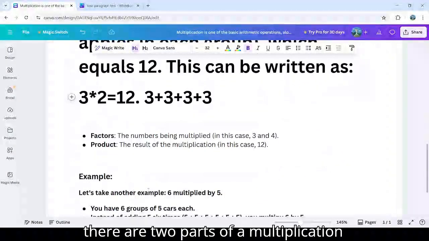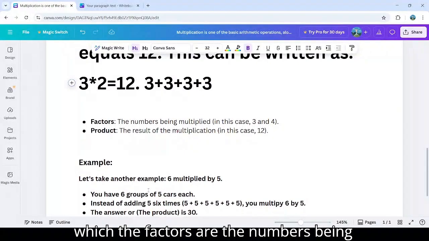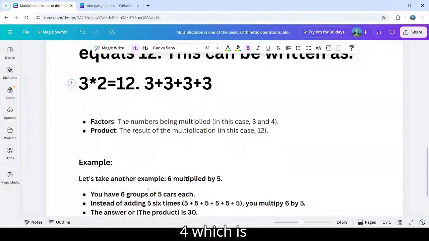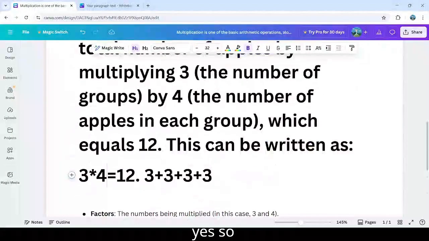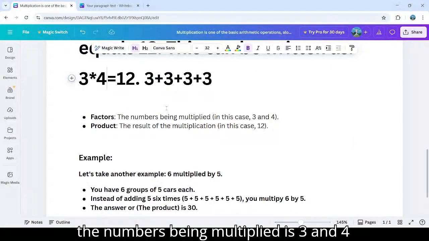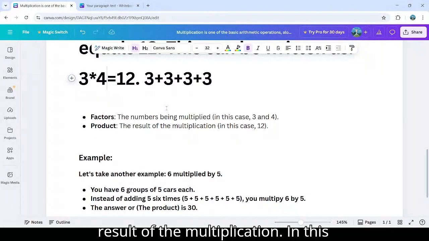So there are 2 parts of a multiplication equation. The factors are the numbers being multiplied. In this case, it's 3 and 4, so it's 3 times 4. The product is the result of the multiplication.